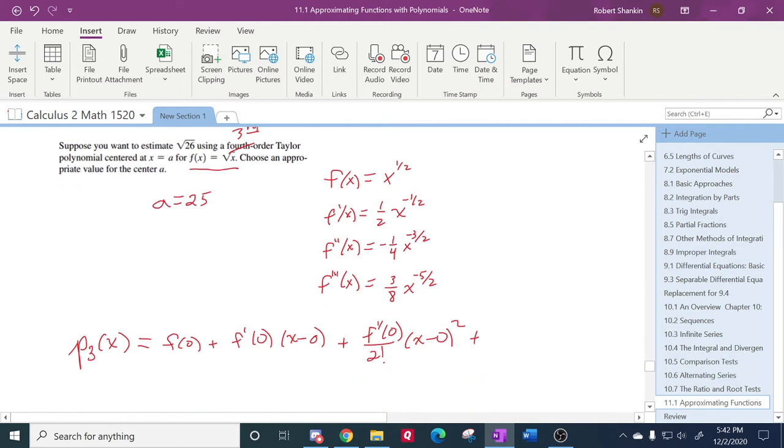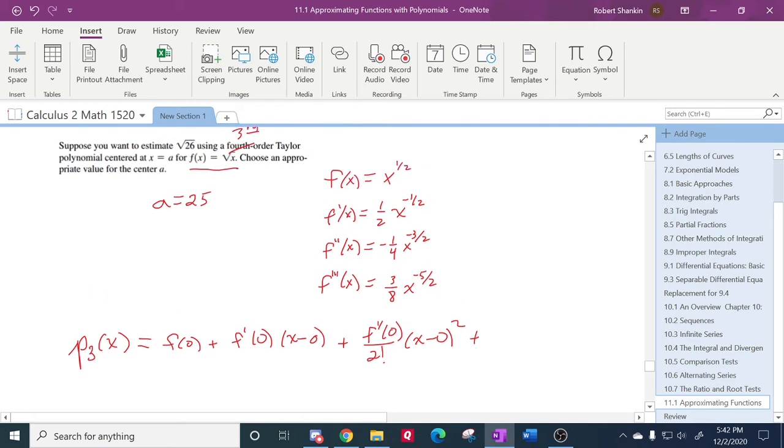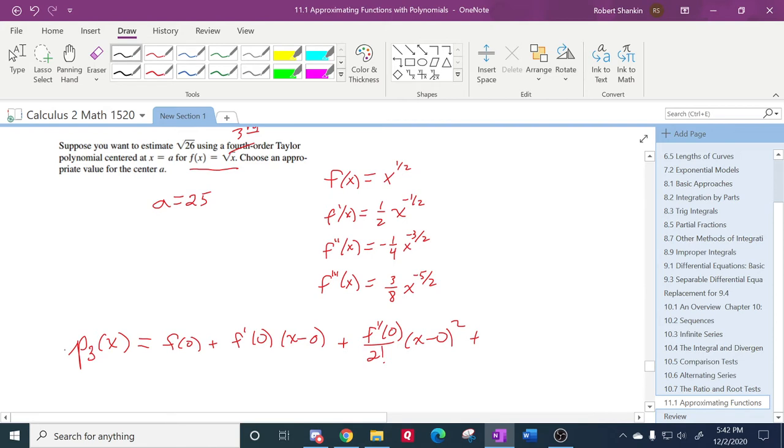And so the x is 26 larger than the 0. Now this actually might work, but we'd have to go out a huge number of terms to get accuracy on this. And we don't tend to do this. This is not how we use Taylor polynomials.